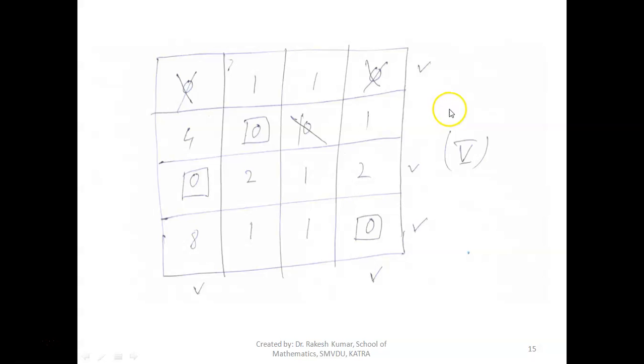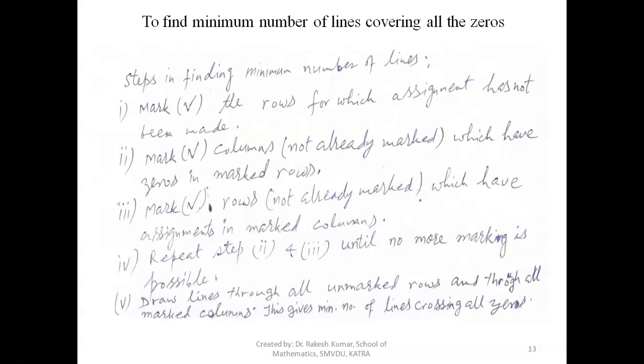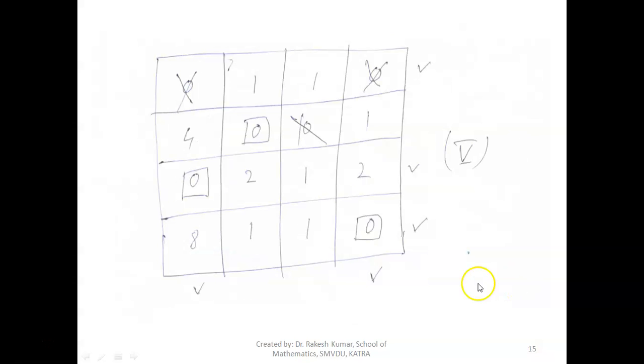Again, we have to cover all the zeros in this table by the minimum number of lines, and we follow the procedure given here again on slide number 13. We find that this is a marked row, and these two are marked columns. So what to do now?